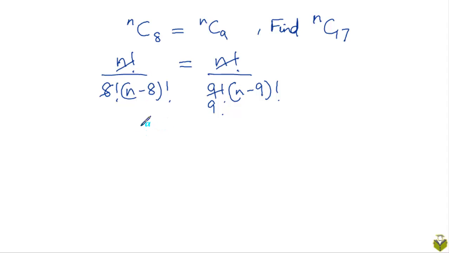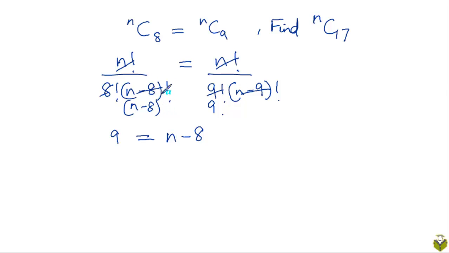And then we can cross multiply and see that you are left with 9 equal to N minus 8, because N minus 8 factorial will cancel with N minus 9 factorial and leave N minus 8, right?